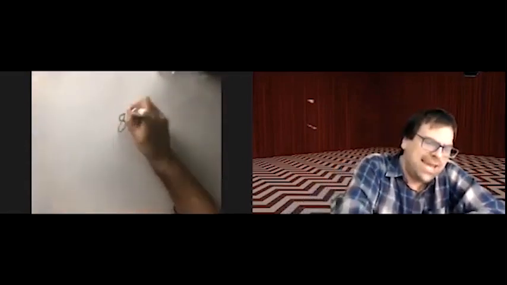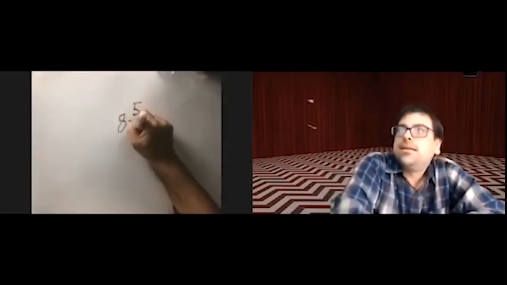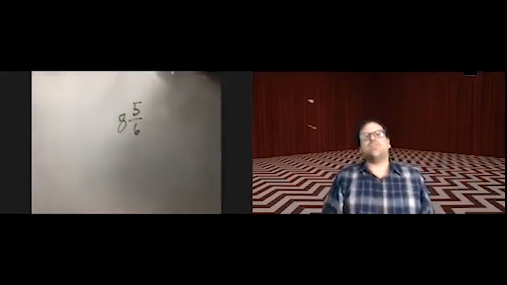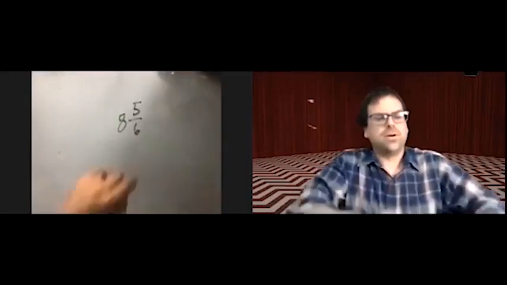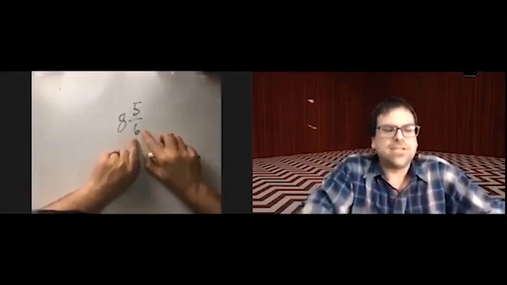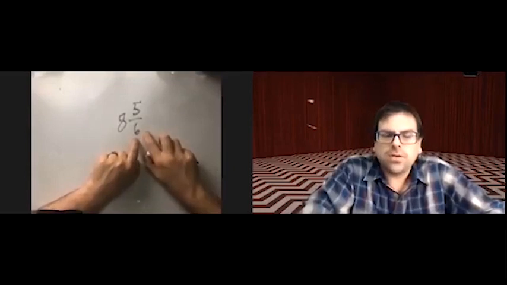Let's talk about rounding mixed numbers. Let's say we had 8 and 5/6. If we wanted to round this to the nearest whole number, we would just have to ask ourselves, is the fraction part greater than a half?